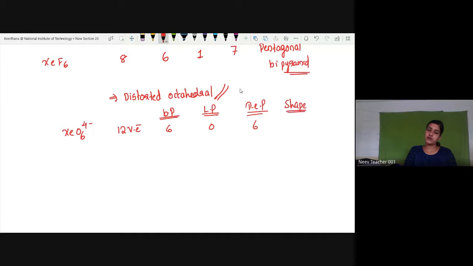Shape octahedral, and geometry will also be octahedral. So you should first say the geometry.